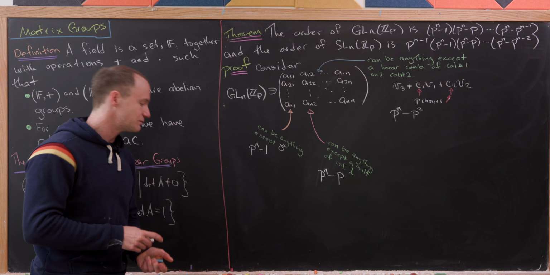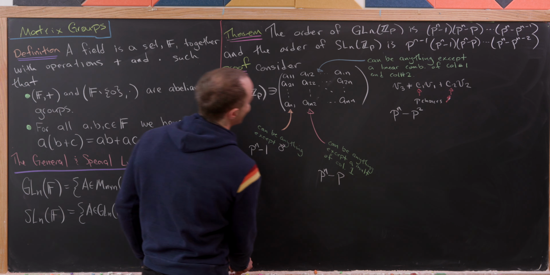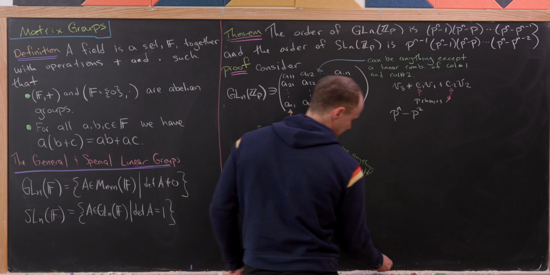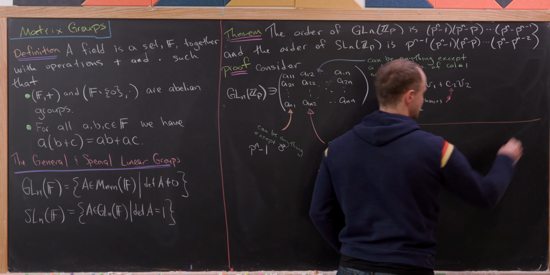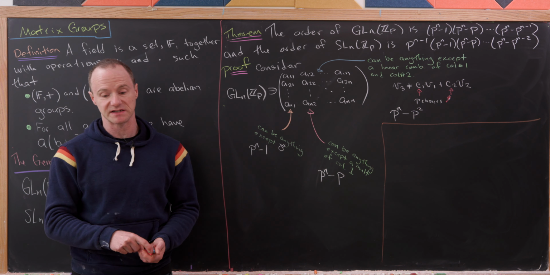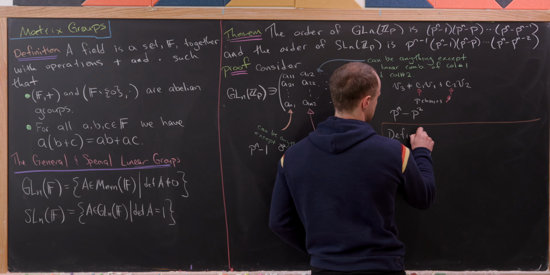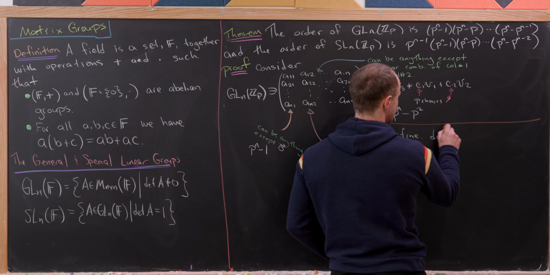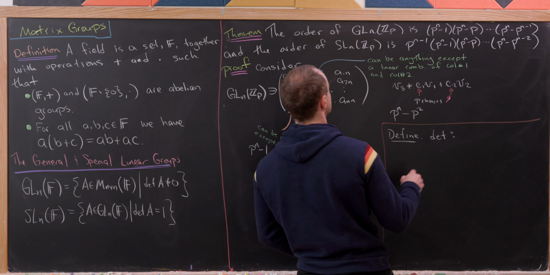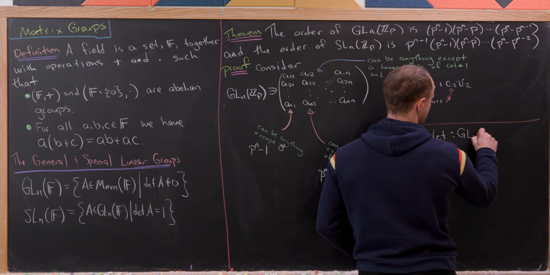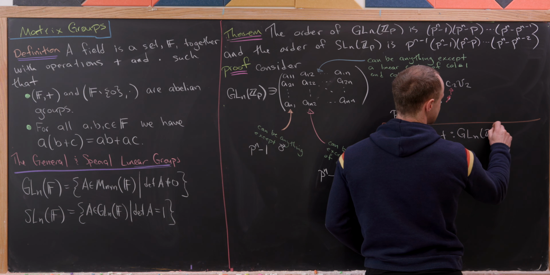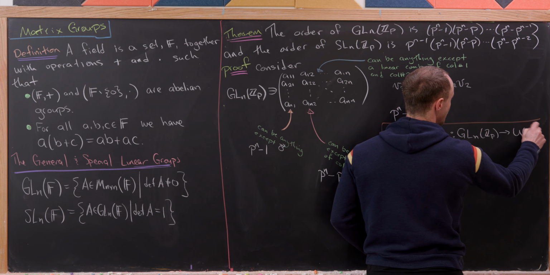Okay, so now let's move on to the order of SL_n(Z_p). And this is actually done with the first isomorphism theorem. So let's define, well, not really define, but use the determinant function. And observe the determinant function goes from GL_n(Z_p) into U_p.